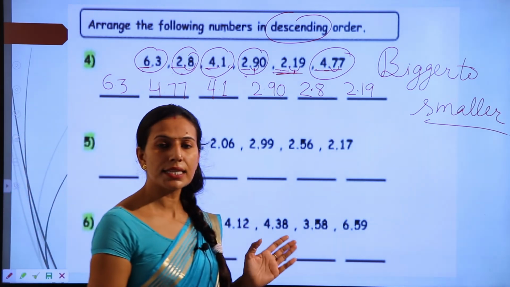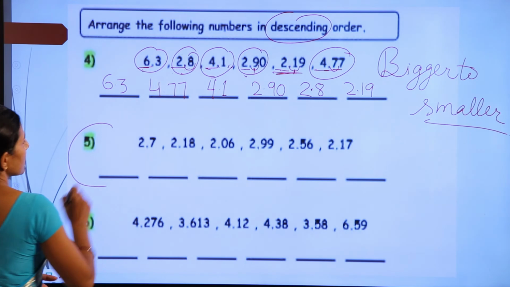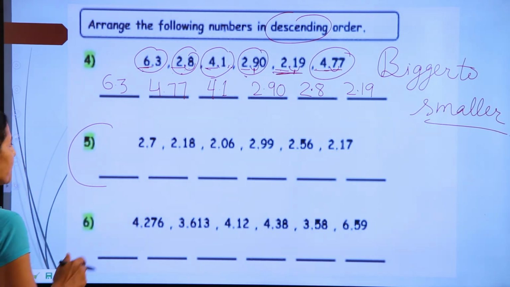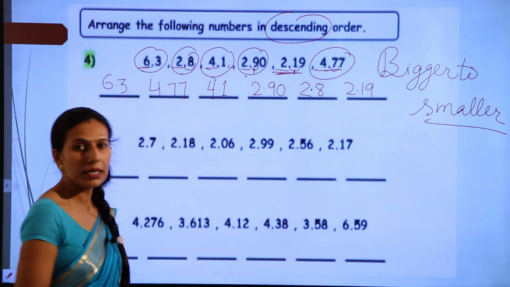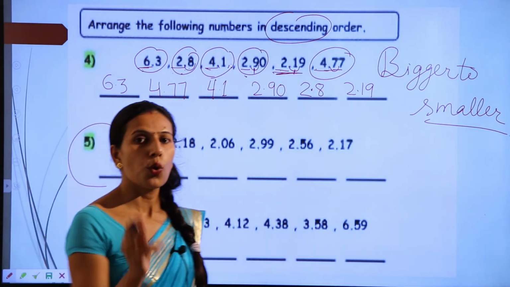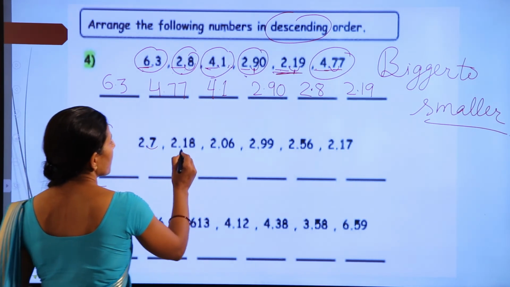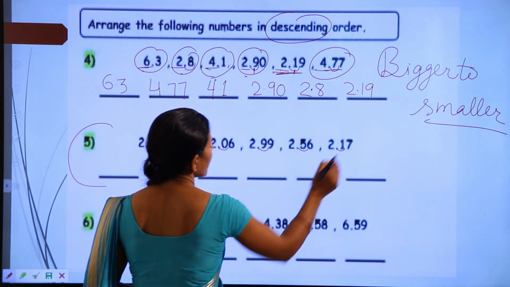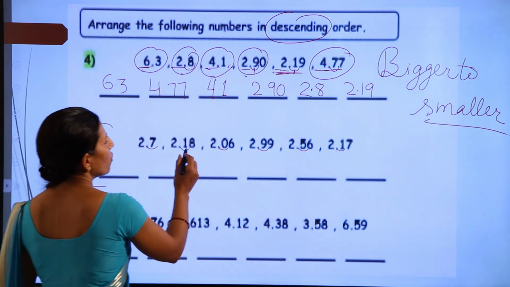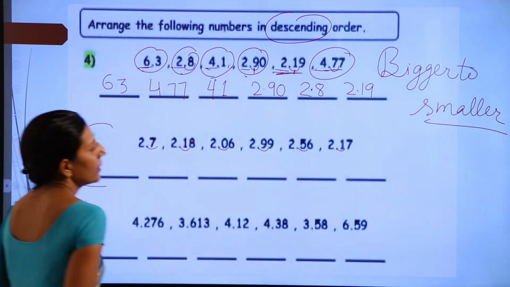That is how we arrange these numbers in descending order. So we will discuss one more example. Okay, see, the whole number in all the numbers is the same. So what will we do? We will check on the tens place. Okay, we have 7, 1, 0, 9, 5 and 1 on the tens place.